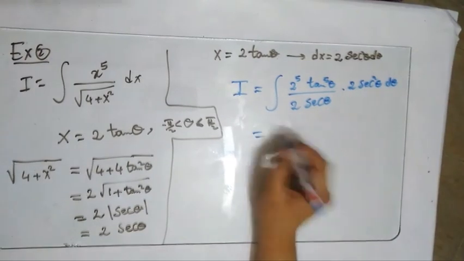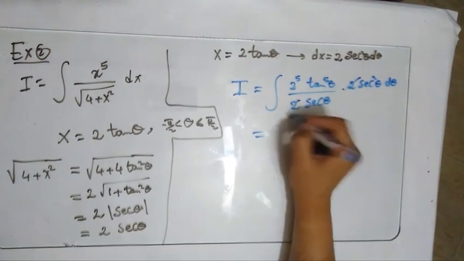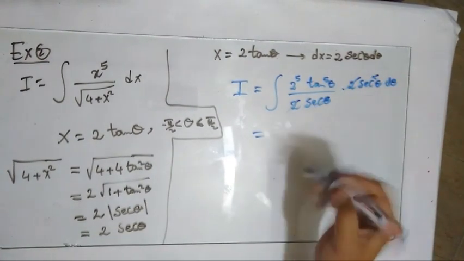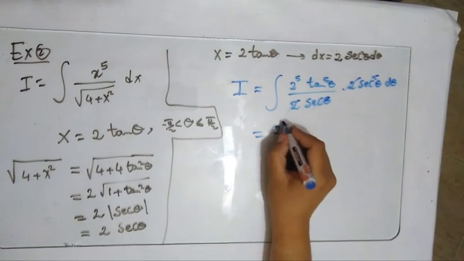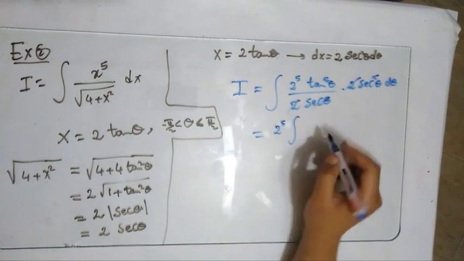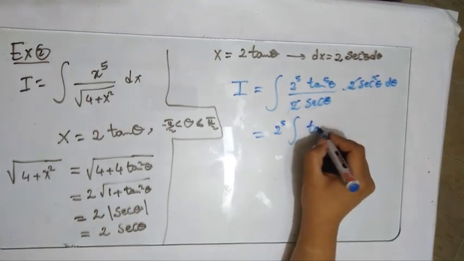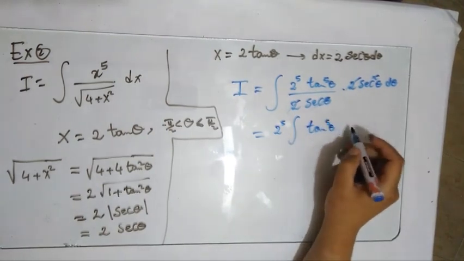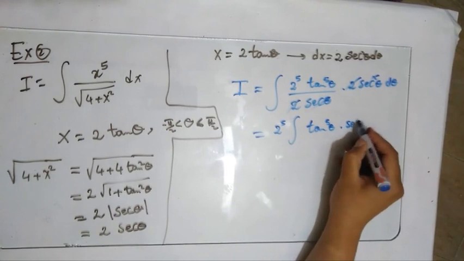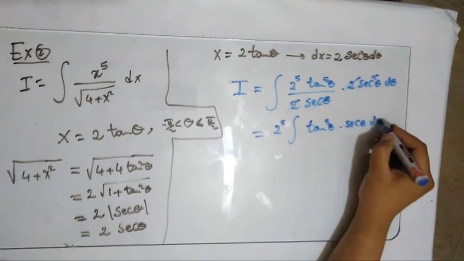Okay, so we can cancel these 2 and this secant, so we'll have 2 to the power 5 before the integral, and then you have the integral of tan to the power 5 times sec theta d theta.